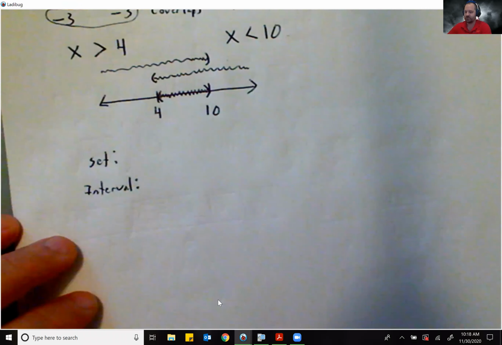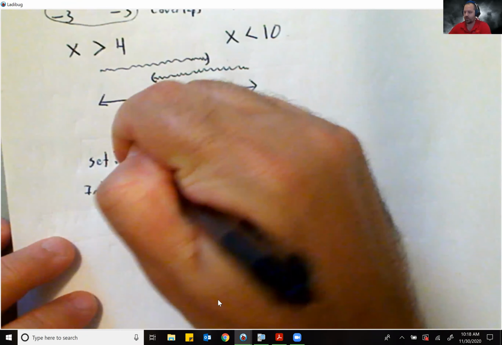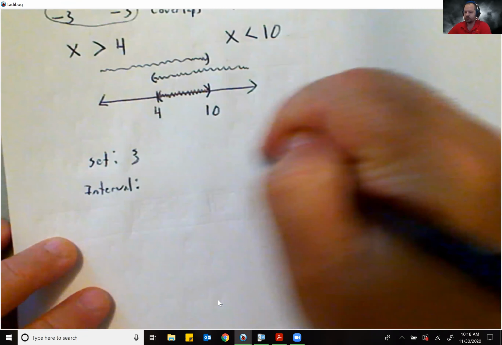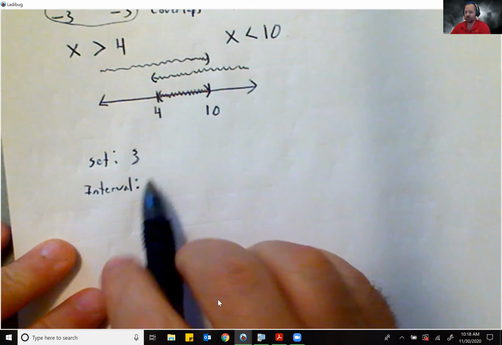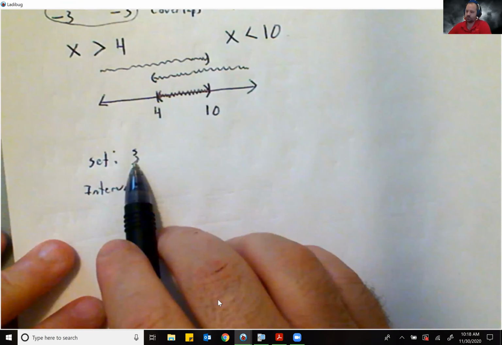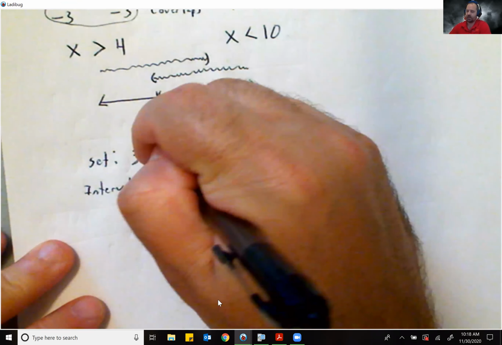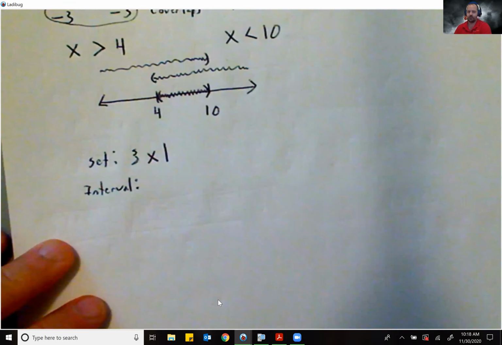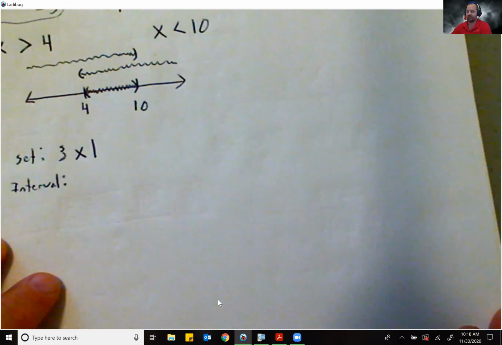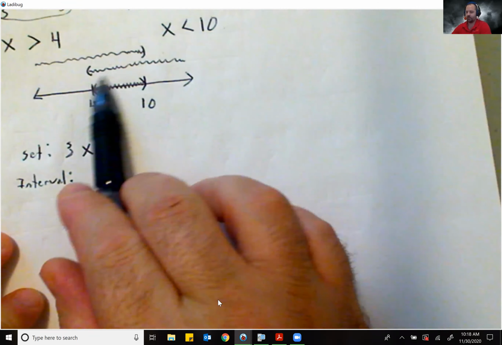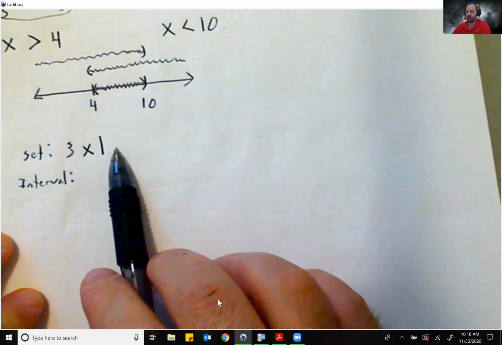So set notation starts out with our squiggle. That's what I call it, but it's really called a brace. X and a line. Now, what does this look like as my answer for the set?